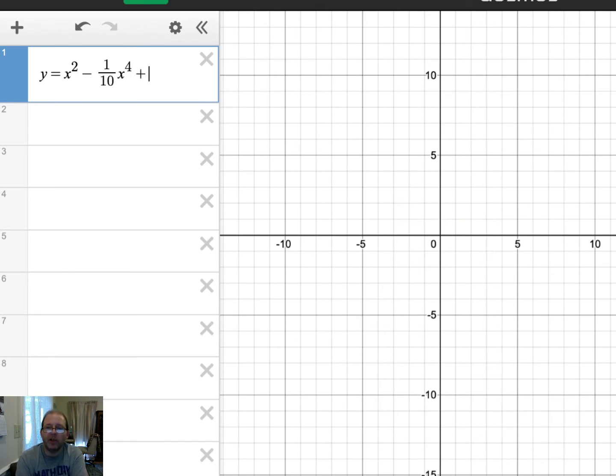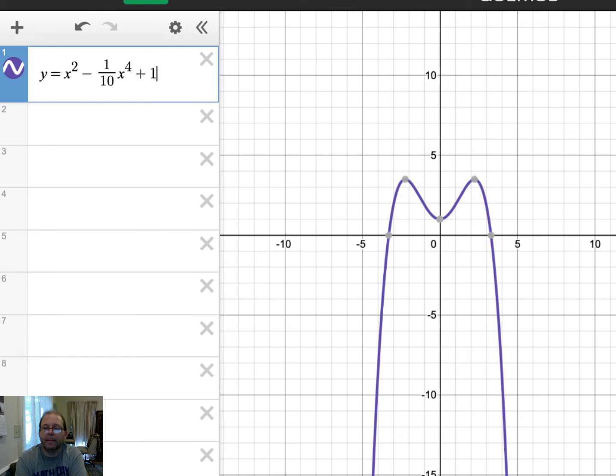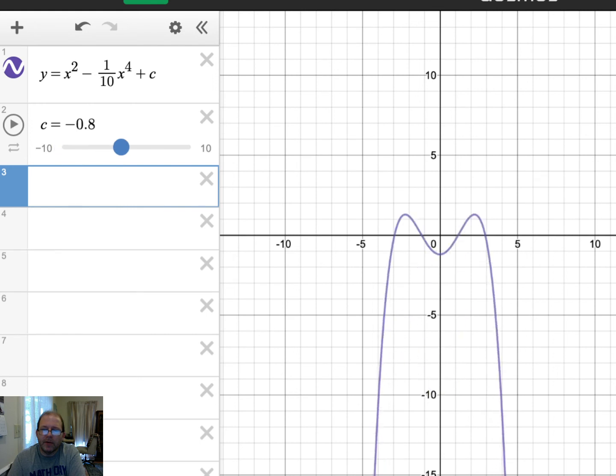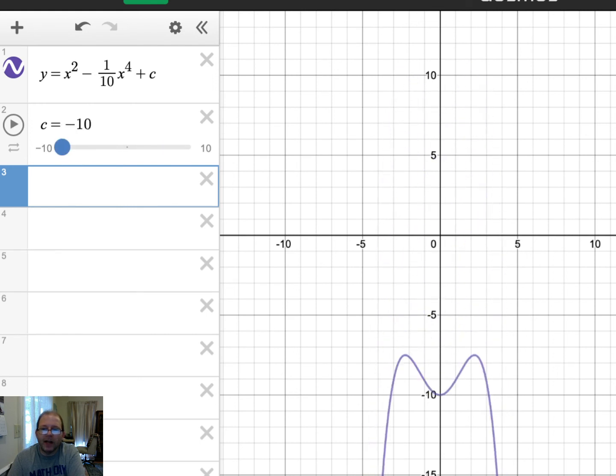Now, what if I put a +1 on there? It still has y-axis symmetry, and that's because this is like adding 1x to the 0, and 0 is an even number. And that makes good sense because whatever this value is that we add on, that's just going to shift it up and down.